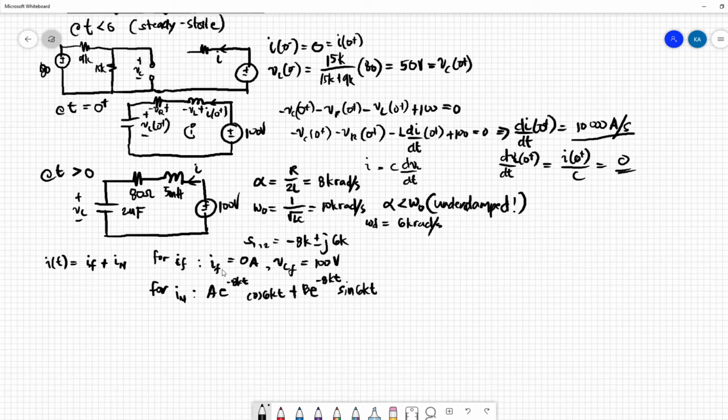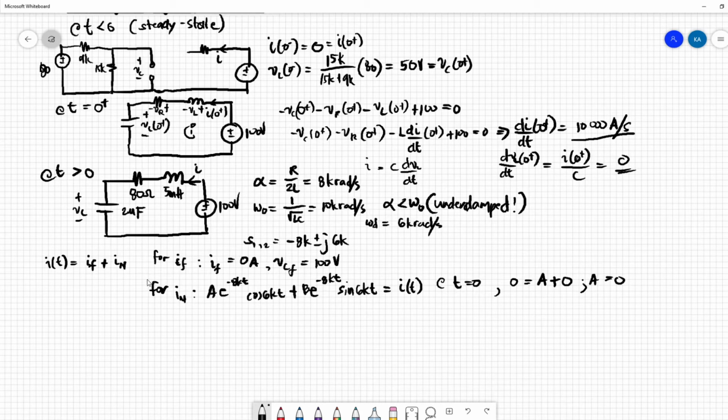Since our forced response is 0, this is just equivalent to our complete response. So solving for the values of A and B, at t equals 0, we have 0 equals A plus 0. Our A is equivalent to 0.